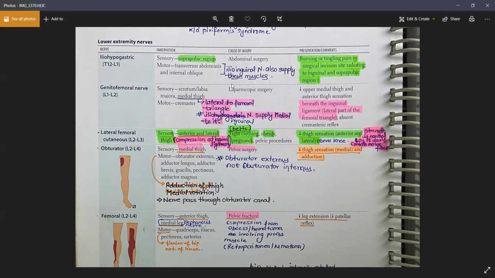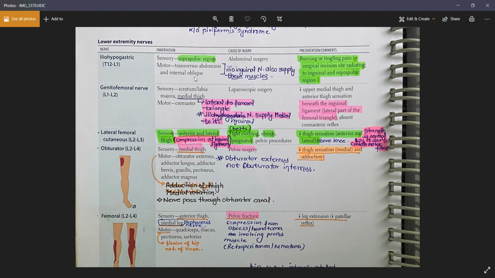The nerves originating from this lumbar plexus include the iliohypogastric nerve first, and it supplies the proximal structures, of course, just like my brachial plexus. It originates from the T12 to L1 roots, okay, and it supplies the suprapubic region for sensory, and the transversus abdominis and the internal oblique muscle in the abdomen.